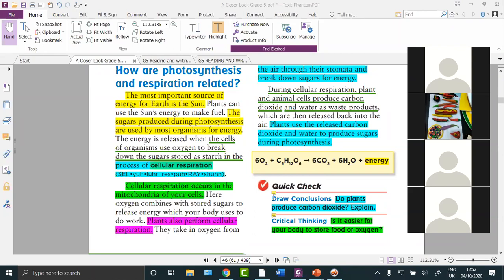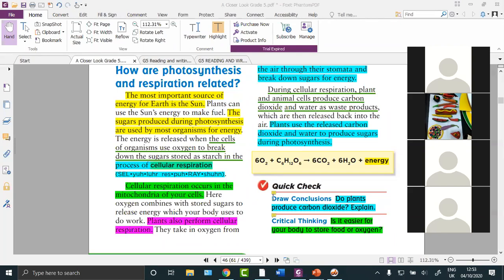The most important source of energy on Earth is the sun. Plants can use the sun's energy to make fuel. The sugar produced during photosynthesis is used by most organisms for energy.